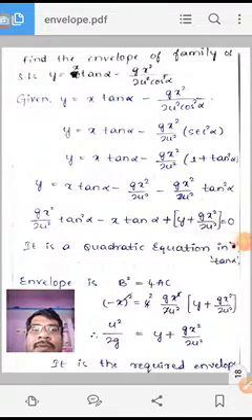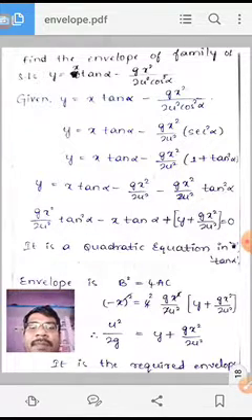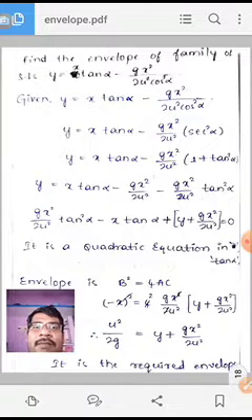Find the envelope of the family of curves y equal to x tan alpha minus g x square by 2u square cos square alpha. The given equation is a family of curves with parameter alpha. Here y is equal to x tan alpha minus g x square by 2u square secant square alpha, since 1 by cos square alpha is secant square alpha.